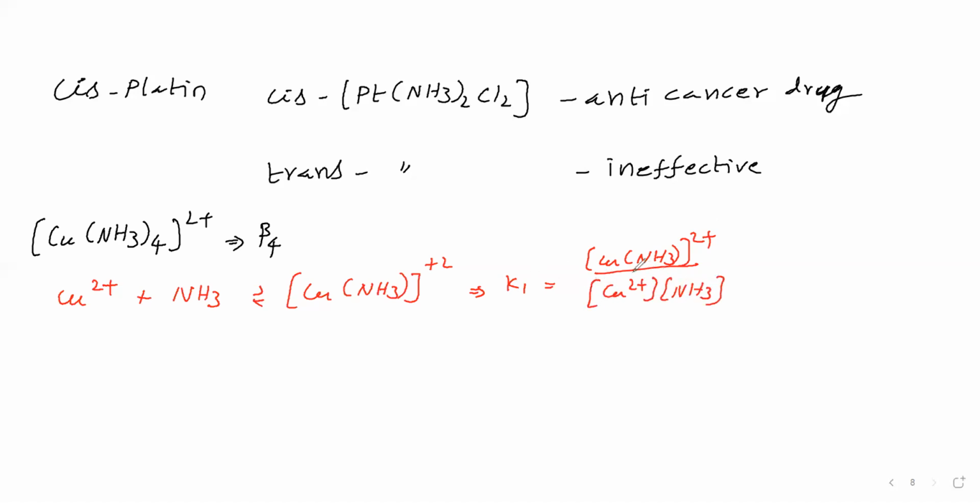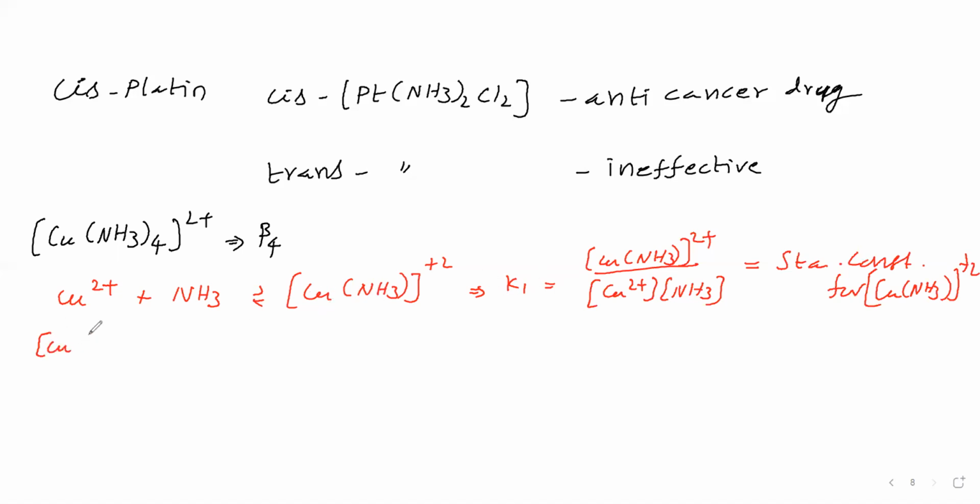The equilibrium constant for this is K1, equal to [Cu(NH3) 2+] divided by [Cu2+][NH3]. This is the equilibrium constant, which we can also call the stability constant for this complex. So for this complex, the stability constant is K1.